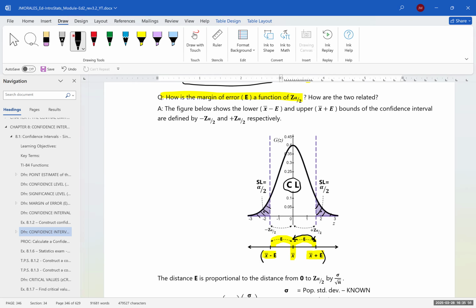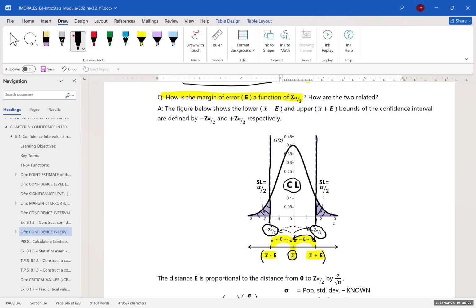Because the area in the confidence level and the significance level is defined by these two boundaries, this upper boundary, and this lower boundary. Well, the upper boundary is the Z alpha 2 score, and the lower boundary is the negative Z alpha 2 score. So it's kind of like you're taking this point estimate and you're adding the Z alpha 2 score and you're subtracting the Z alpha 2 score.